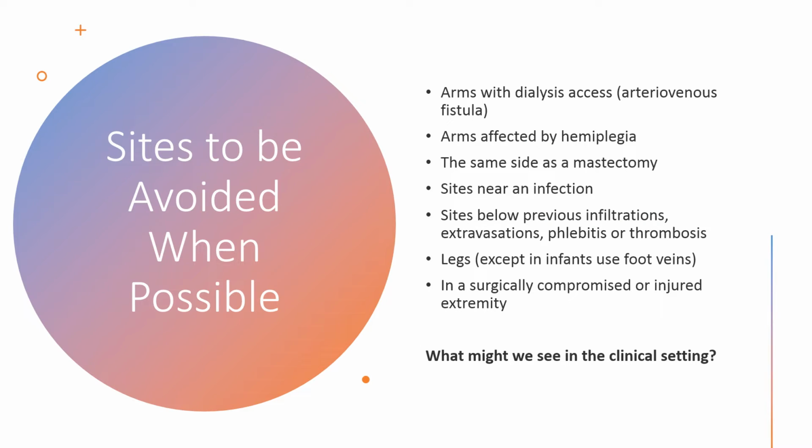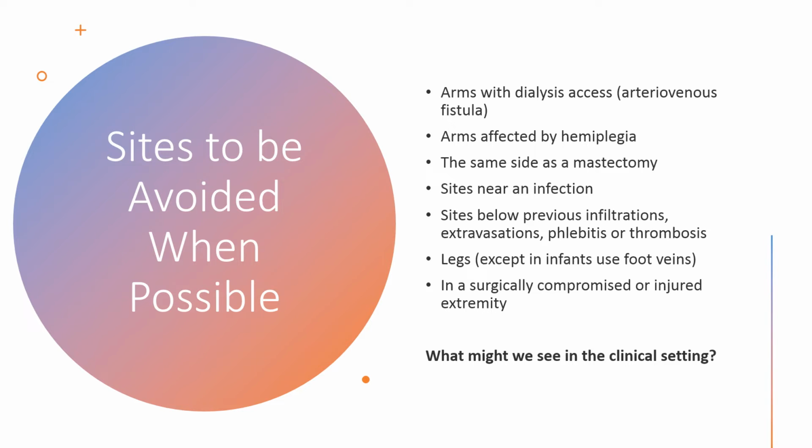Sites to be avoided when possible for peripheral IVs, that nurses need to be aware of and look for, are patients that have dialysis access or arteriovenous fistulas in their arm. Again, we would never want to put an IV anywhere near that. Arms affected by hemiplegia, again, paralysis from a stroke that patients may have had. The same side as a patient that has had a mastectomy.